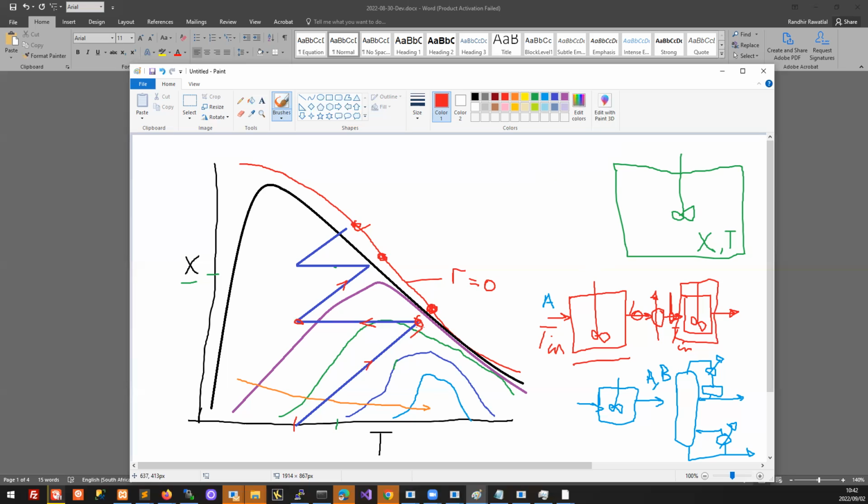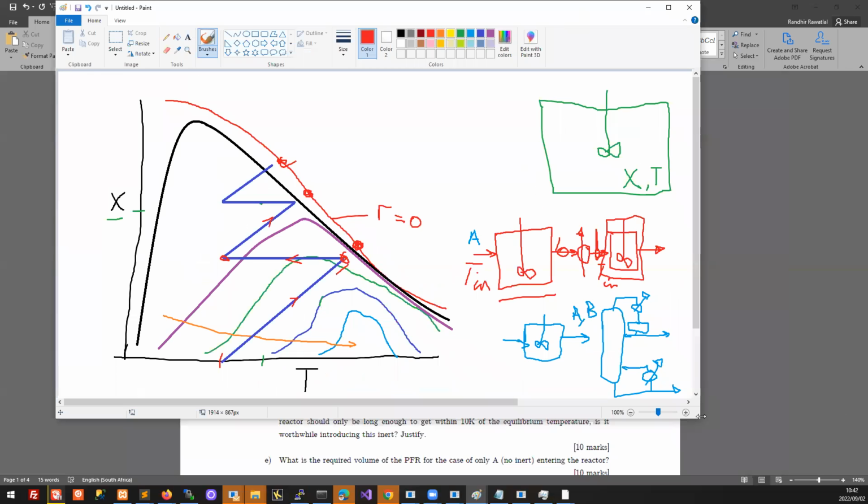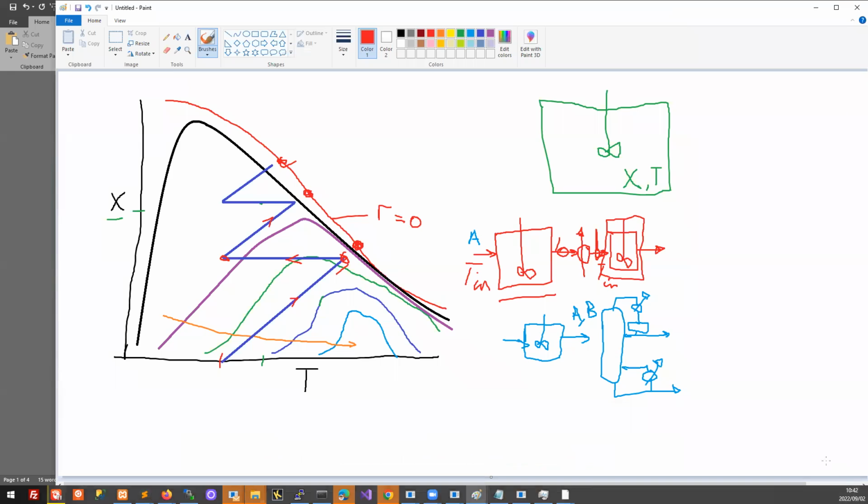And there does exist a maximum rate in this space. So the maximum rate is where we can imagine the rate changing as we move along this line. So remember, as we choose different volumes, we are moving along this line.